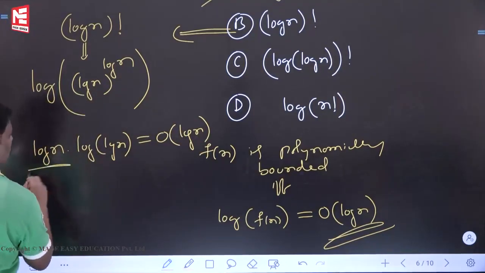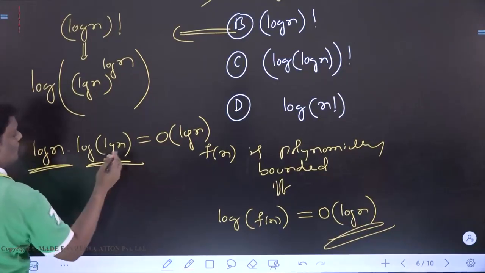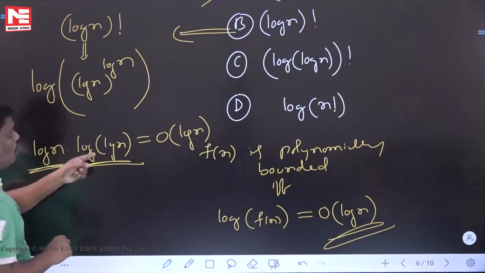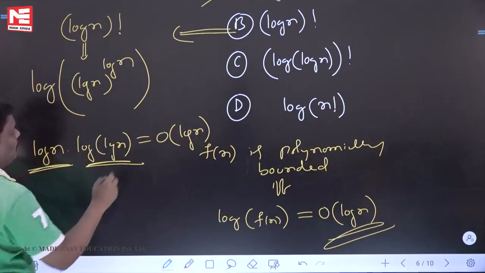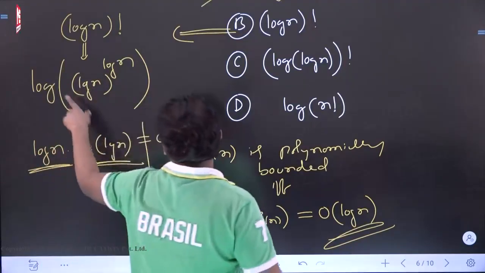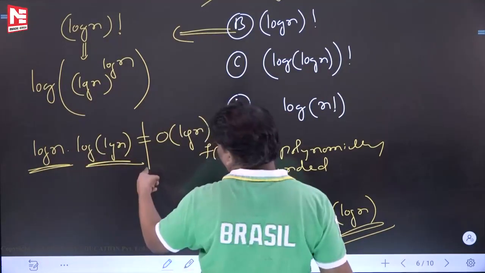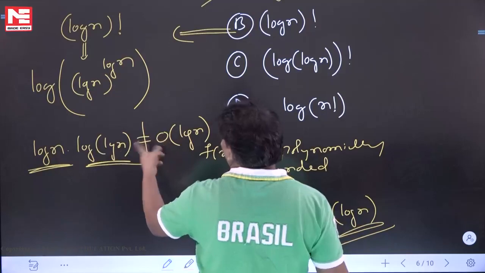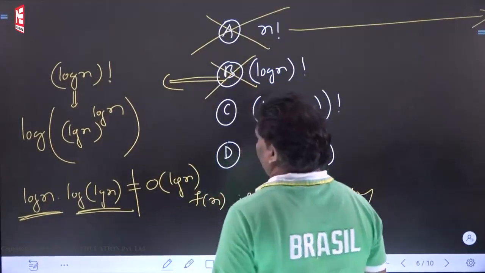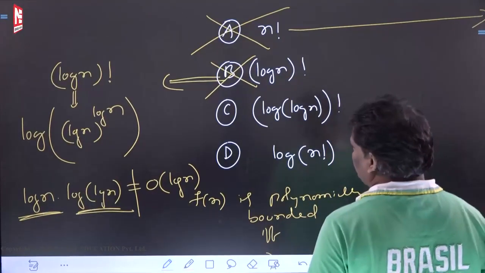No, because the extra log n does not cancel. The left-hand side is bigger, by a log n factor. So this fails. After applying log, this is the answer: polynomially bounded fails.